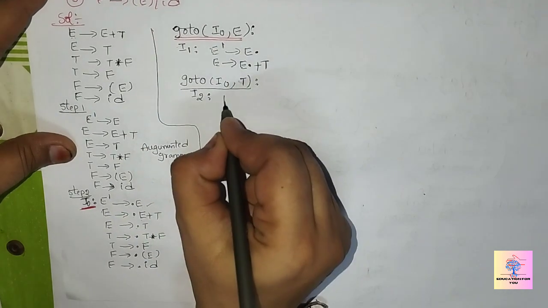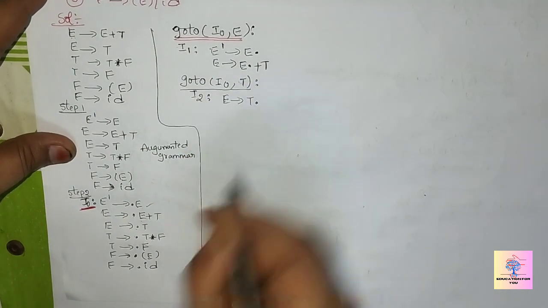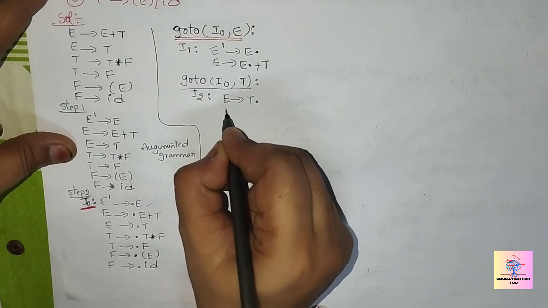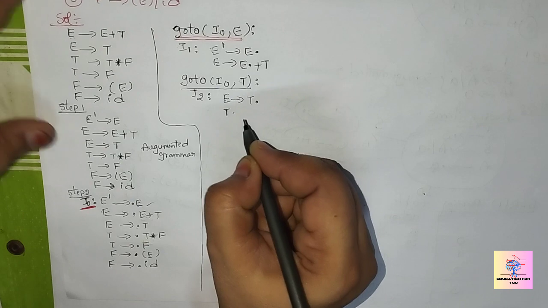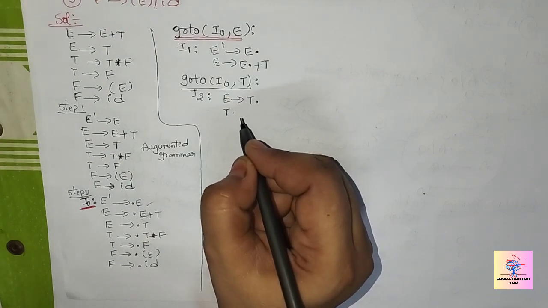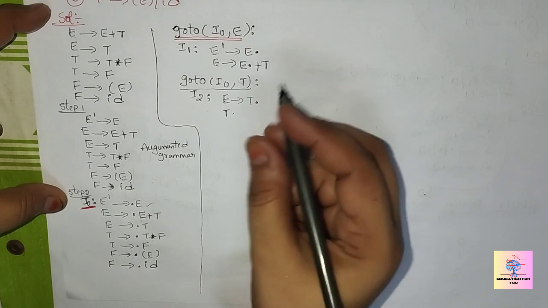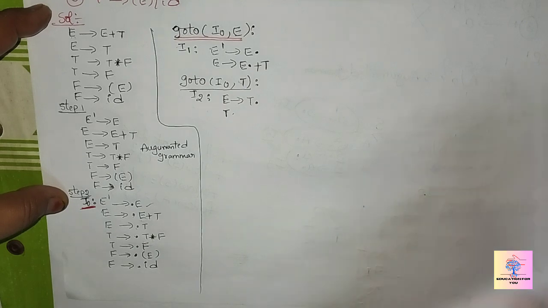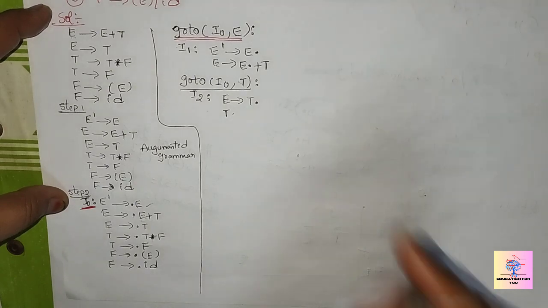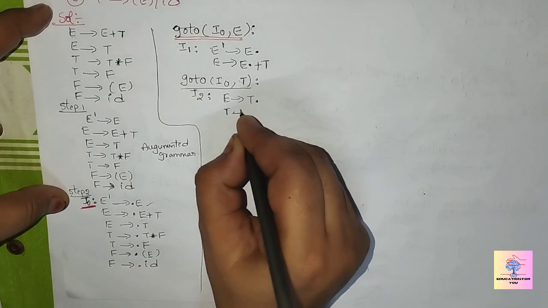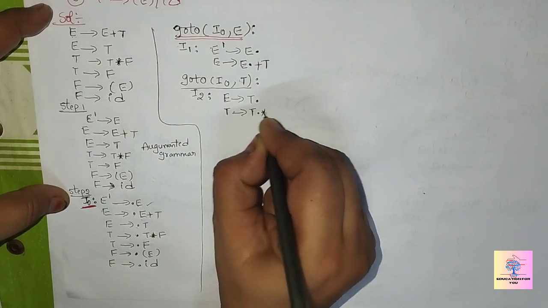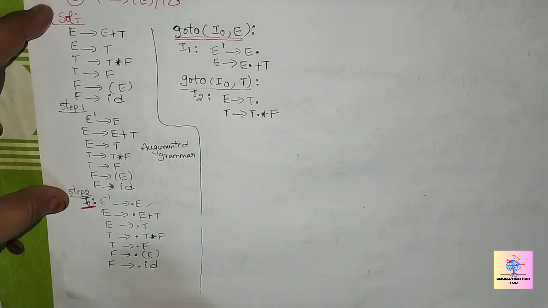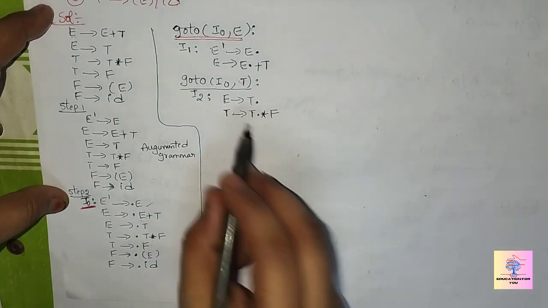So E produces T dot, and T produces T dot star F. T is over.